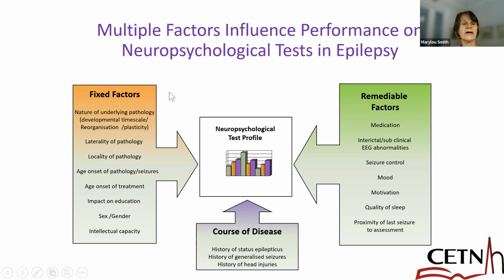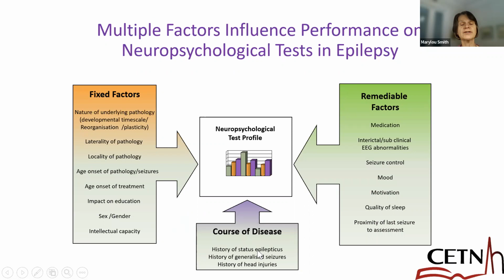There are the fixed factors: the nature of the underlying pathology, the laterality of the pathology, the localization of that pathology, the age of onset of the seizures and of the treatment, and the impact that the patient's history has had on his or her educational attainments, because education plays into test results. There are also possible differences related to the sex or gender identity of the person and the individual's intellectual capacity.